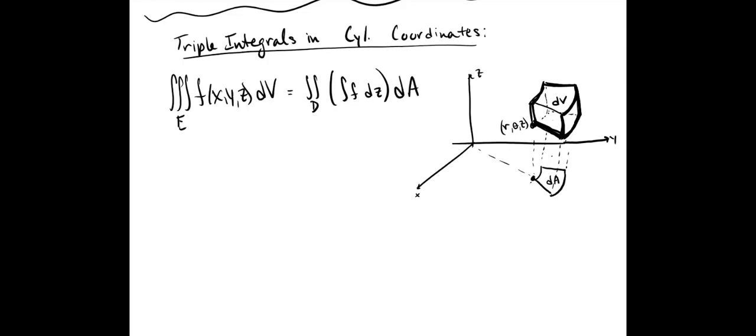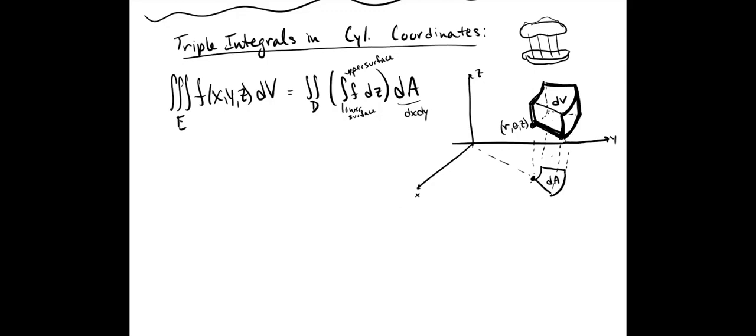Right. Here I expressed it assuming that the dA is like a dx dy, so the x and y variables are what I've projected this into the xy plane to think of my footprint. And then I'm just integrating z from lower surface to upper surface over that footprint. So some surface up here, some surface down here.